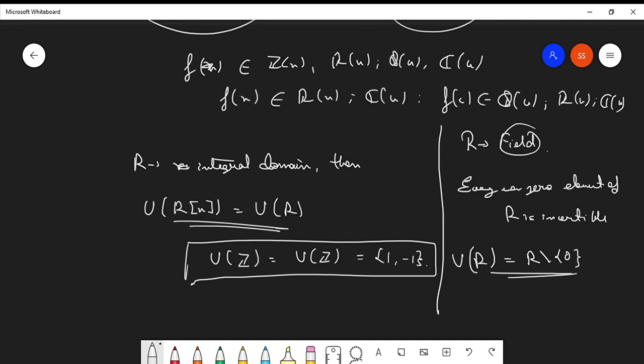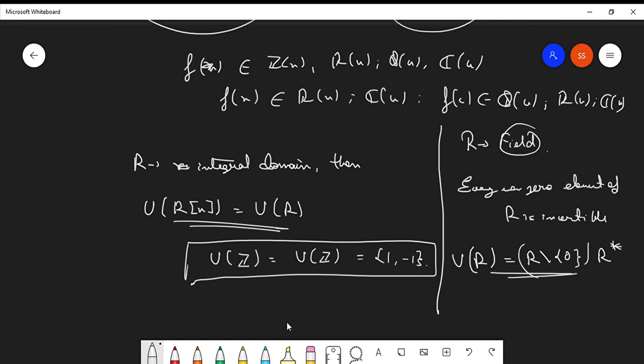We often use the symbol R star only if this is a field.